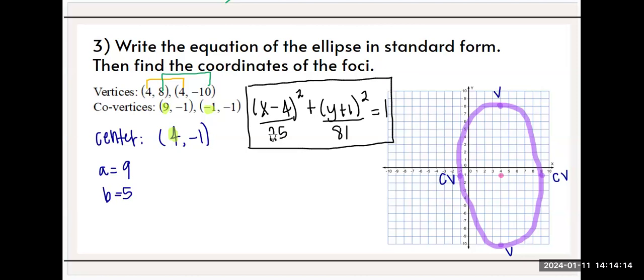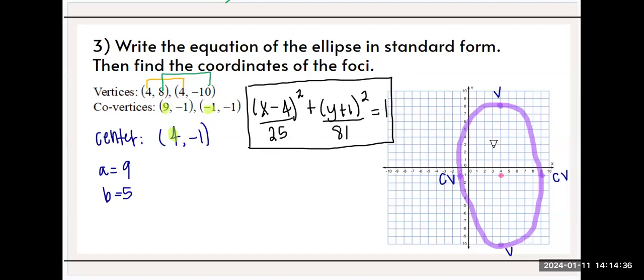We're going to find the foci next. Okay, so we know those foci are going to be up and down because they're on the longer axis. So somewhere along here is where the foci will be.